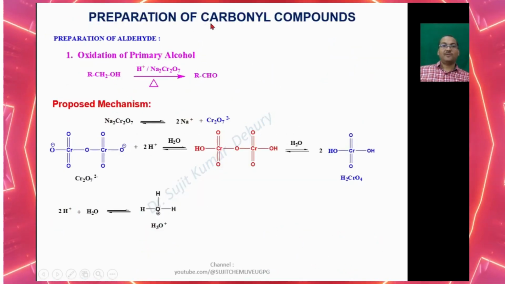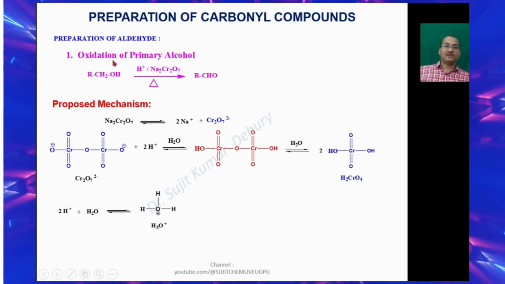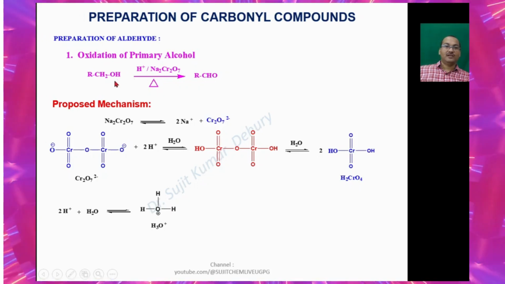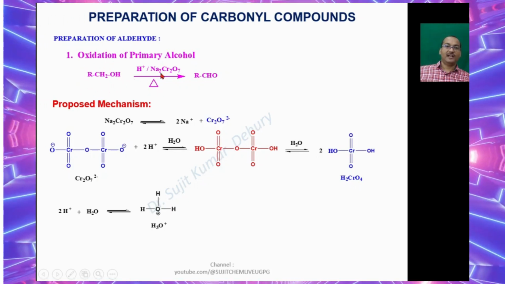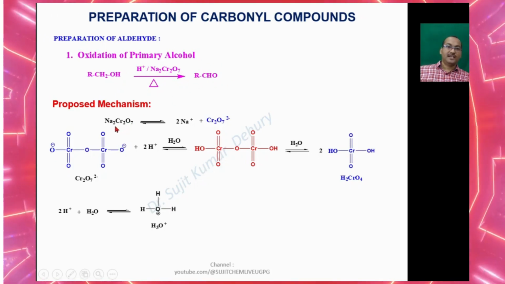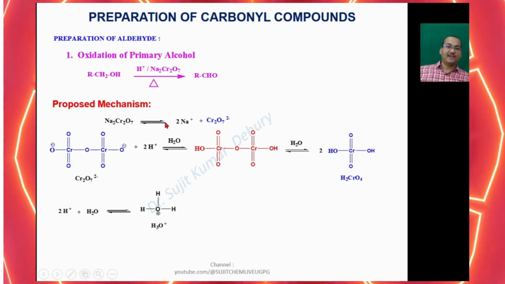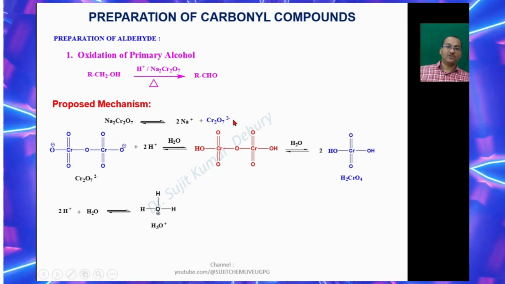Now let's talk about the preparation of carbonyl compounds. The first method is oxidation of primary alcohol. This primary alcohol will be oxidized in the presence of H plus and Na2Cr2O7, giving rise to an aldehyde. Na2Cr2O7 is simply an ionic compound that gives rise to 2Na plus and Cr2O7 2 minus.